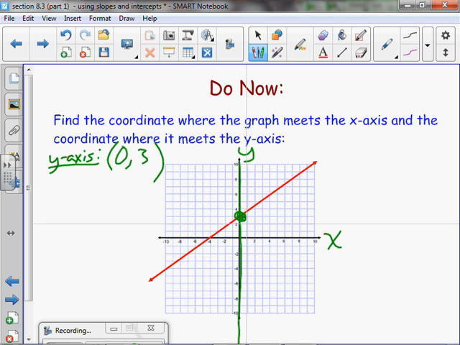Notice this 0 right here? That's going to be important for this lesson, so just keep that in mind. We then look for the part where it meets the x-axis. The part where it meets the x-axis is right here at -4. -4, comma 0.